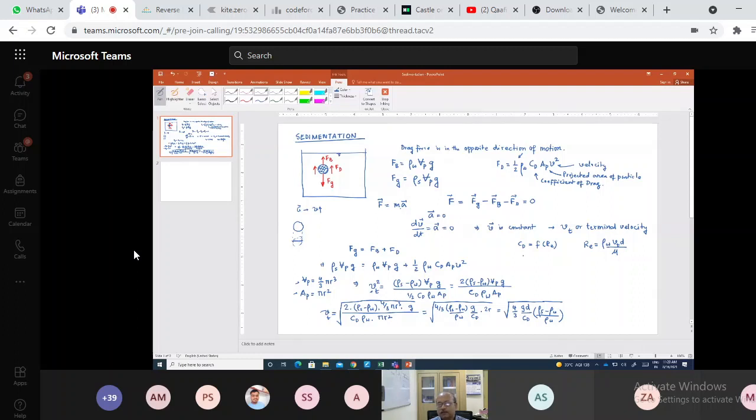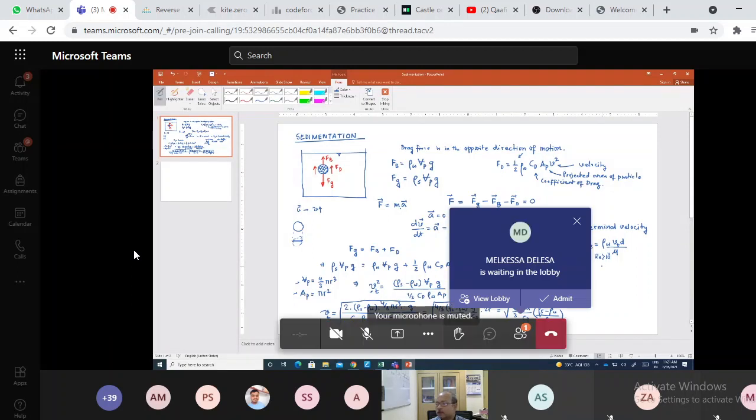But when Reynolds number is less than 1, or when it is laminar, we write Cd equals 24 by Re. Okay, and when Reynolds number is between 1 and 10 to the power 4, this is known as the transition zone, and Reynolds number greater than 10 to the power 4 is known as the turbulent zone.